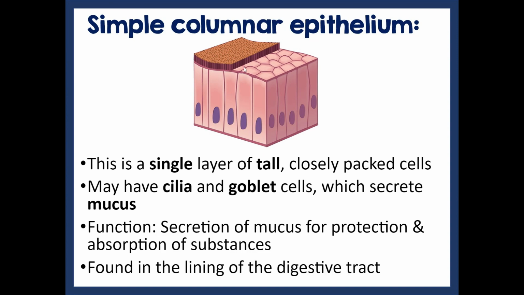So these types of cells, simple columnar epithelium, this type of tissue, I should say. The tissues are made out of these column-shaped cells, but when you put all these cells together, you get the tissue. And this type of tissue, simple columnar epithelium, is going to be found in the lining of your digestive tract. So think about this. Why would that be beneficial for these types of cells to line the digestive tract?